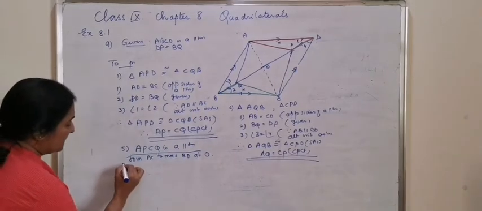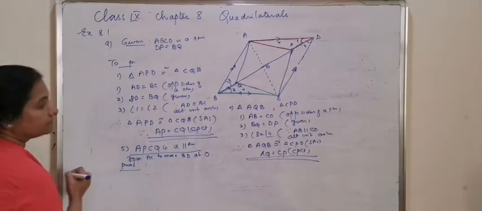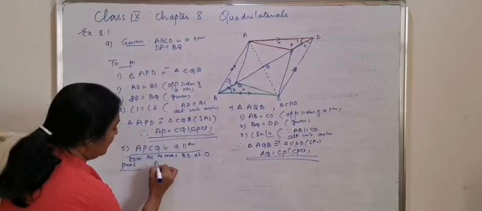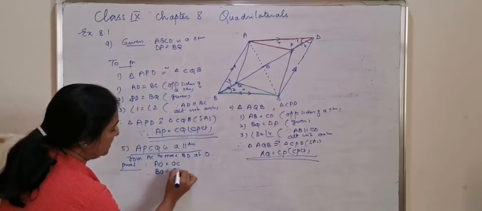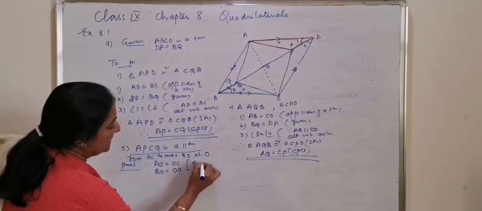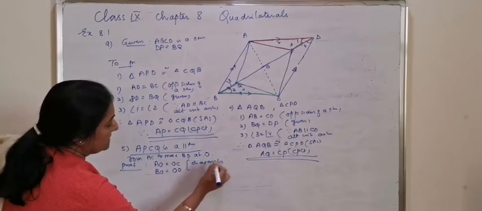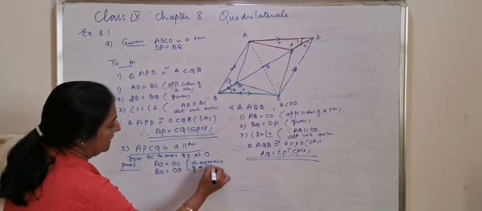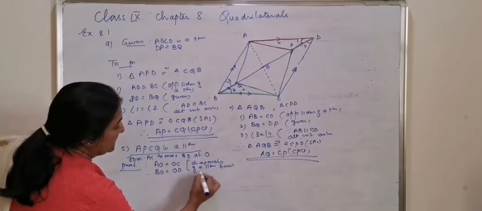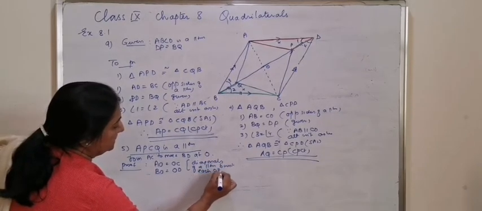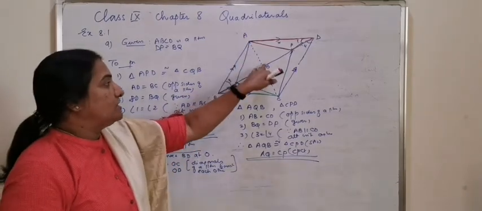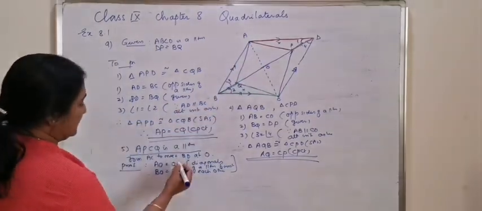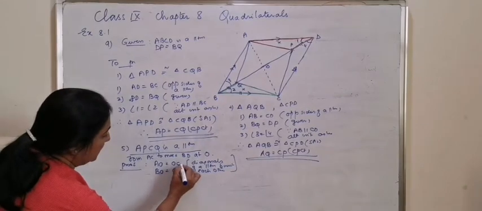The proof starts as AO is equal to OC and BO is equal to OD. The reason: diagonals of a parallelogram bisect each other. Now AO is equal to OC; leave it as such as equation number 1.